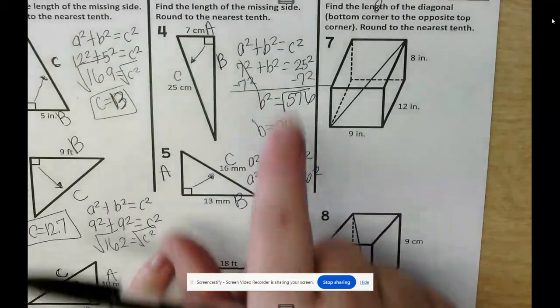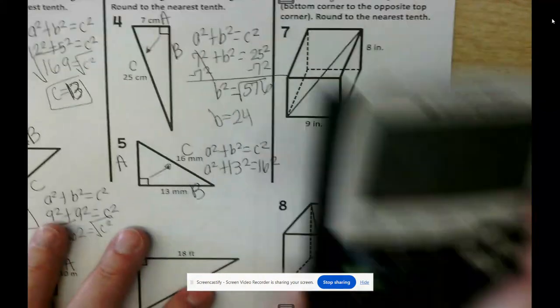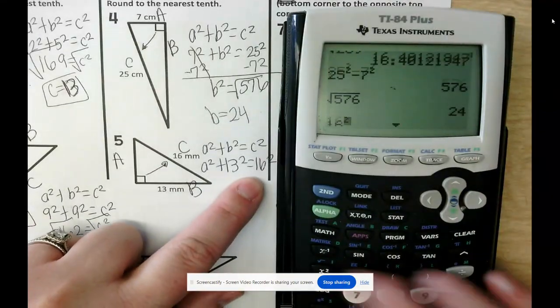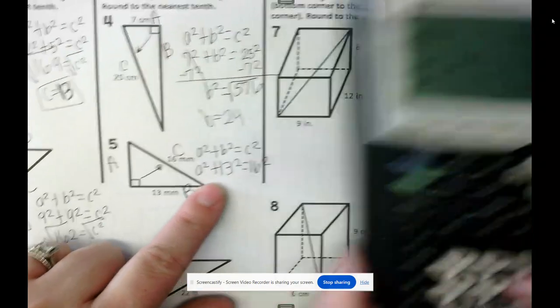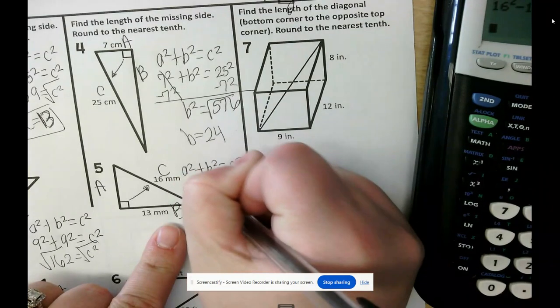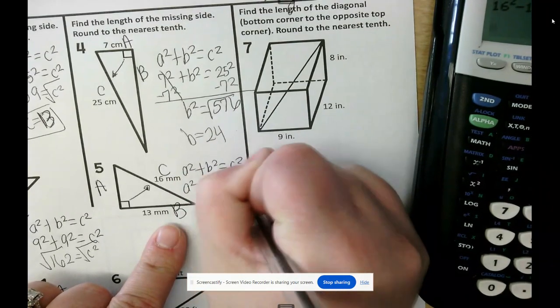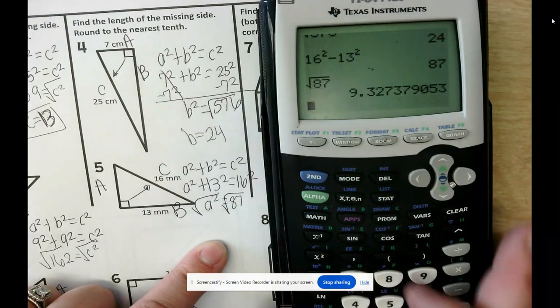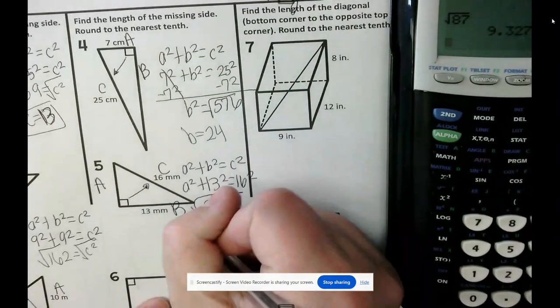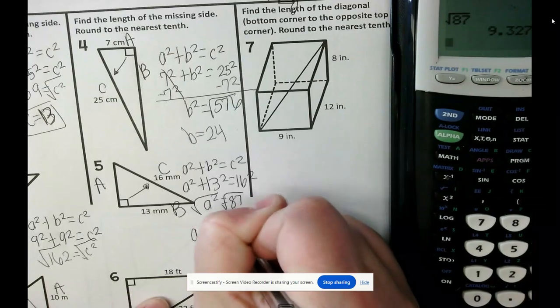When we're looking for A or B, we subtract. So I'm going to subtract 16 squared minus 13 squared, which is 87. Then we're going to square root it, and we get 9.3. So A equals 9.3.